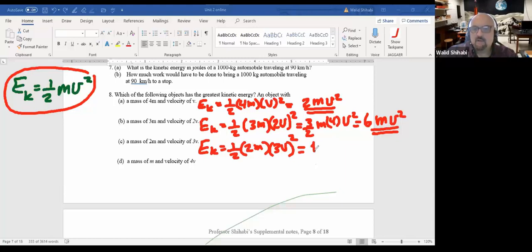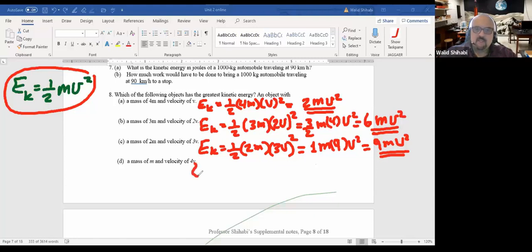So we have 1 times m times 3 squared, which is 9, times v squared. Okay, so you can see here it's 1 times m times 9 times v squared, which will come out to be 9mv squared. This is 9. Okay, so you can see here so far the one with the highest kinetic energy is option C.